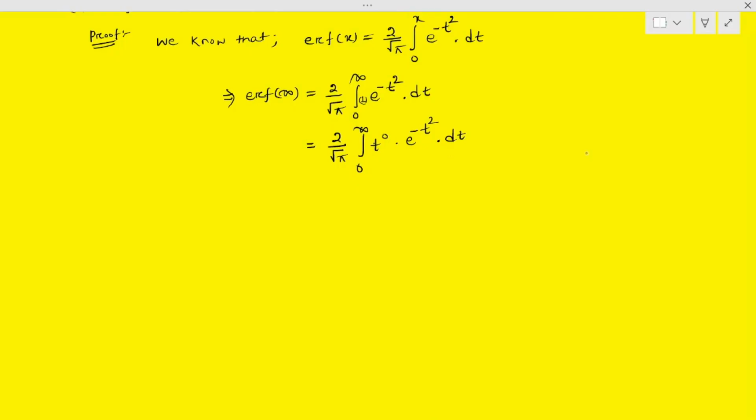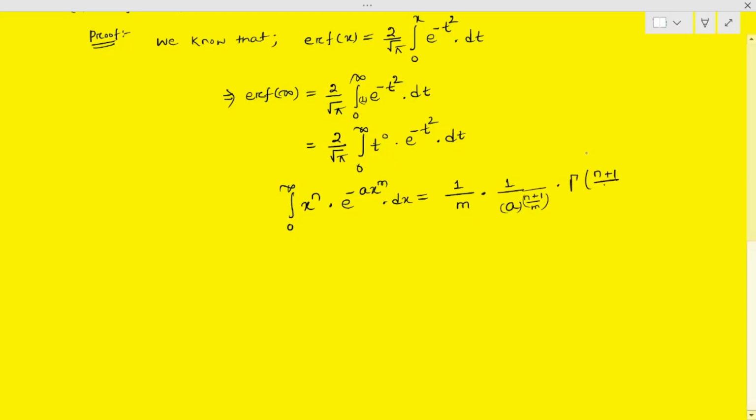In that series we discussed that if we have this type of integral, 0 to infinity x to the power n into e to the power minus a x to the power m dx, the value will be 1 by m into 1 by a to the power n plus 1 by m, into gamma of n plus 1 by m. We have already discussed this.